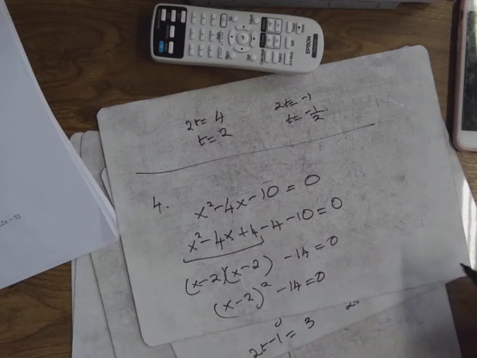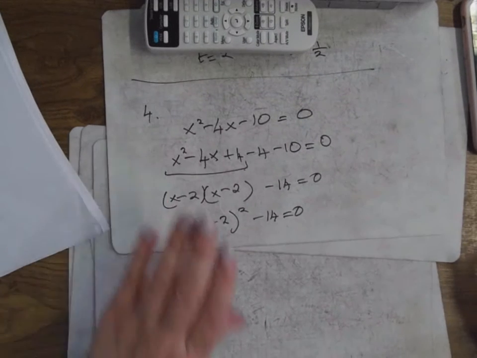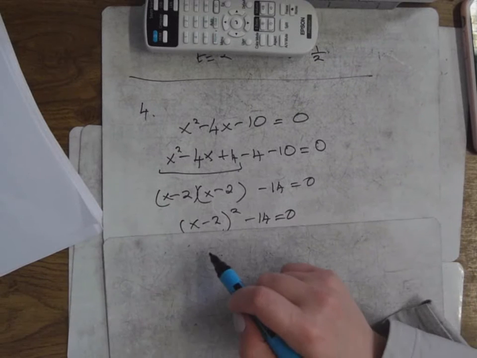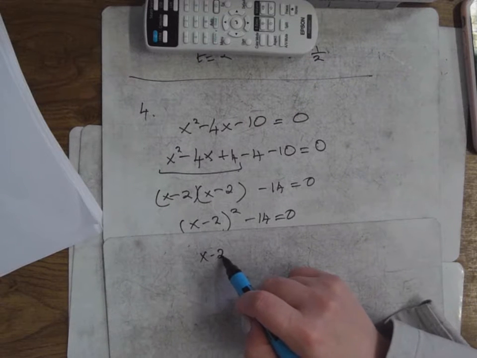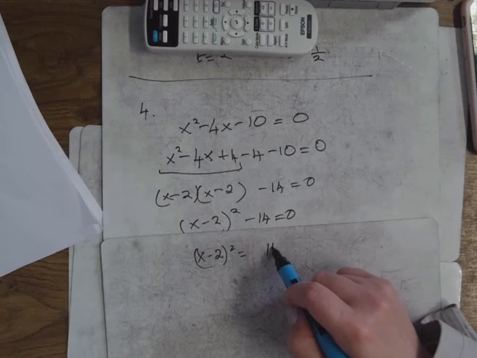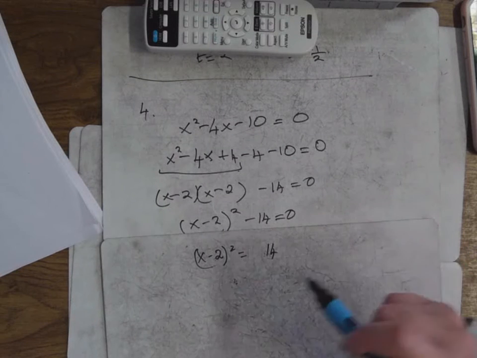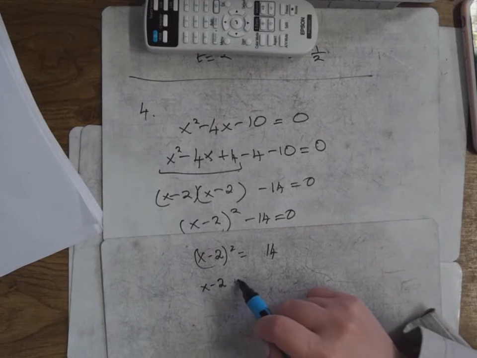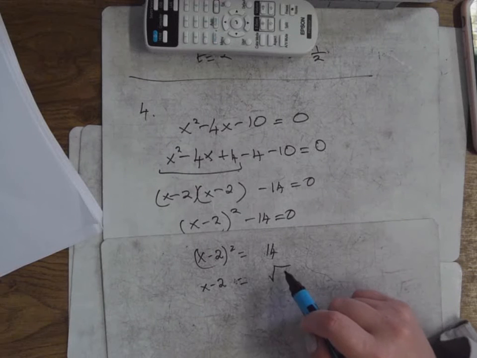That's the square completed. To solve from completing the square, you move the number over, so you get (x minus 2) squared is equal to 14. You get the square root of each side: on this side you just get x minus 2, and over this side you get the square root of 14.